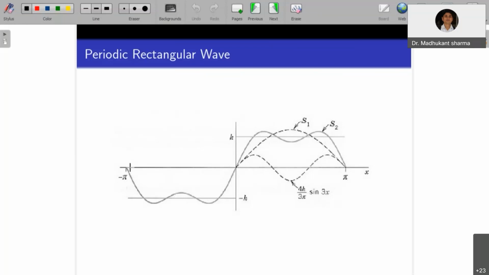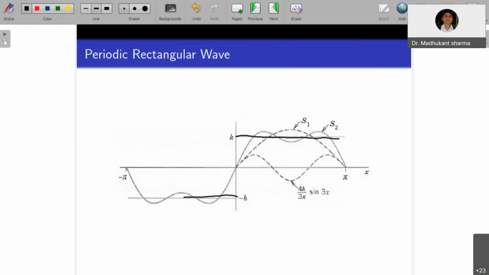This is obtained by using MATLAB again. S2 is closer, and you can see there are more oscillations along this line.